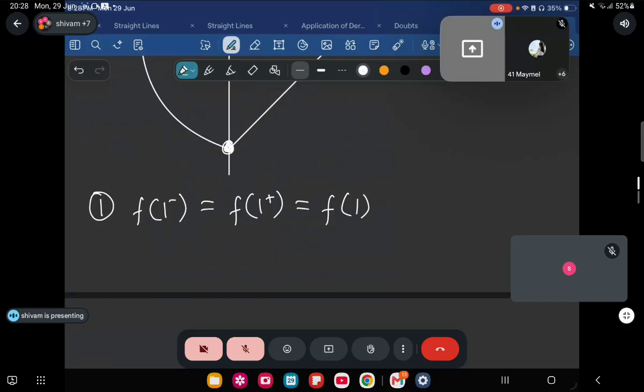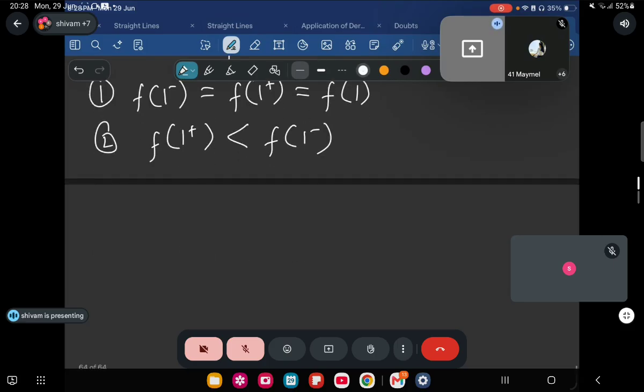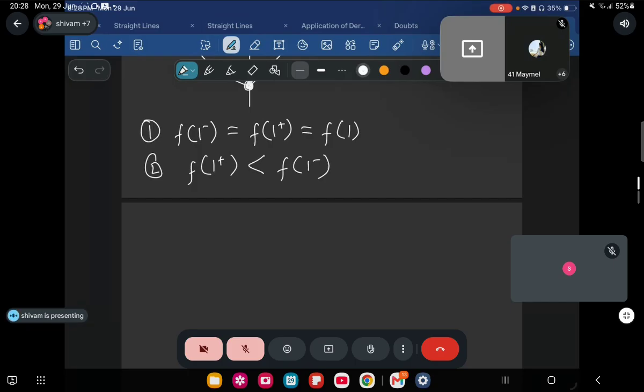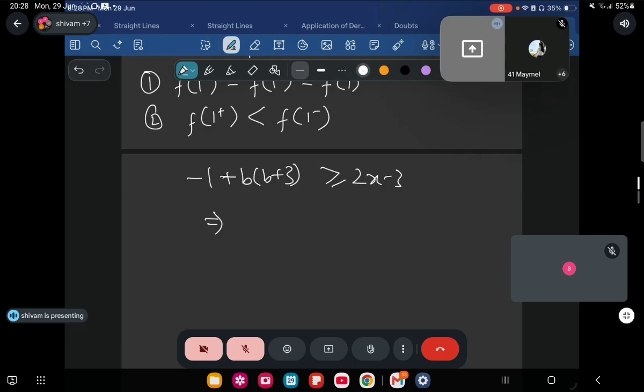f of 1 minus should be equal to f of 1 plus should be equal to f of 1, right? This is for case 2. And for case 3, what do we need to apply? f of 1 plus should be less than f of 1 minus. Right, Sarthak. So what are we getting? Minus 1 plus b into b plus 3 must be greater than or equal to 2 into 1 minus 3.